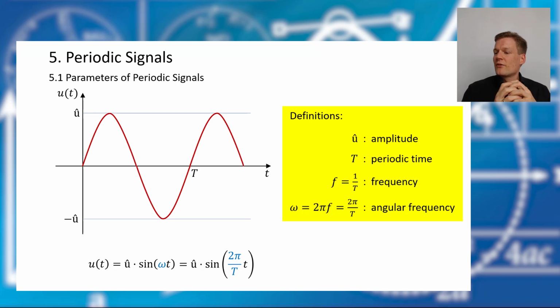Okay, and if we have a look at this function, if we have our time variable t, and t is 0, okay, then we have a sinus of 0, that's okay.